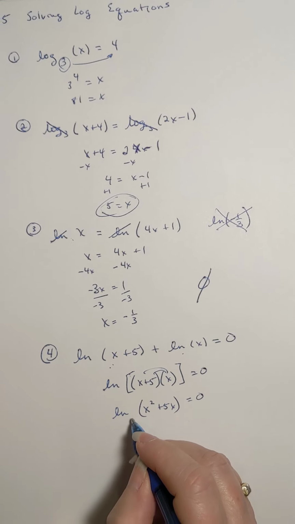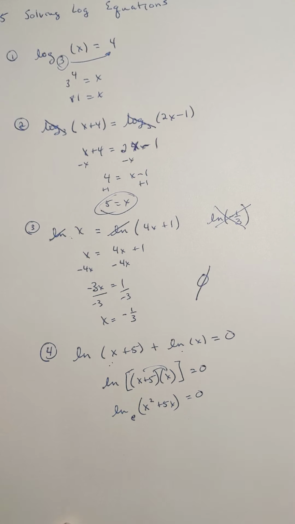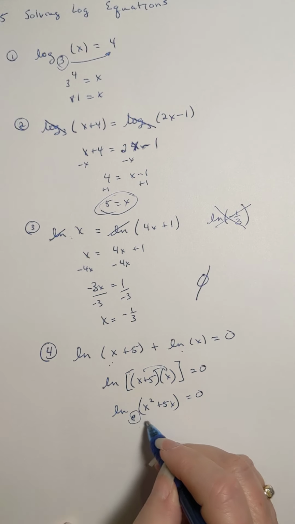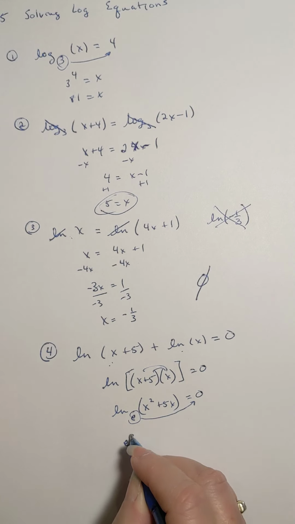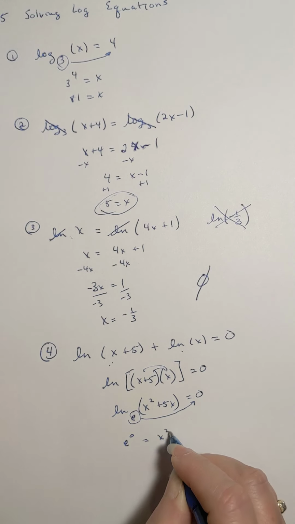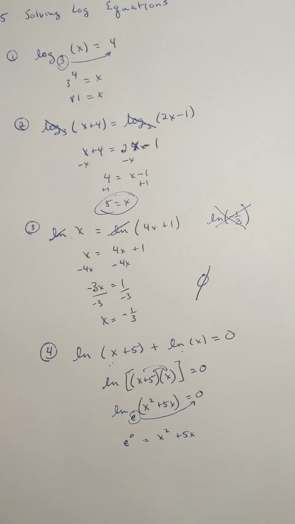Now remember, the base here is understood to be e. So writing it in exponential form, so here's where we have to go back to writing it in exponential form, I will have e to the 0 is equal to x squared plus 5x. Well, what is e to the 0? Anything to the 0 is 1.